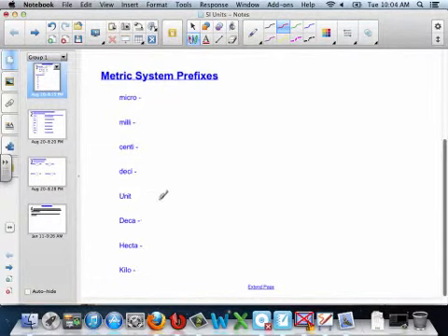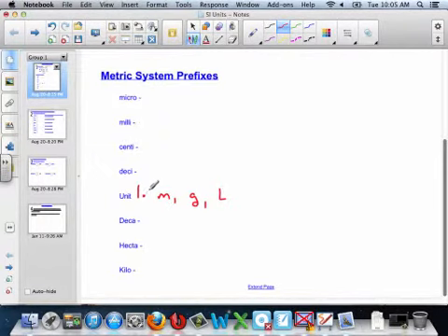All right, so let's go over these. We have our basic unit. That's your meter, gram, or liter. That's your unit: 1 meter, 1 gram, 1 liter. You guys should be writing this down. Now the magic begins to take place.